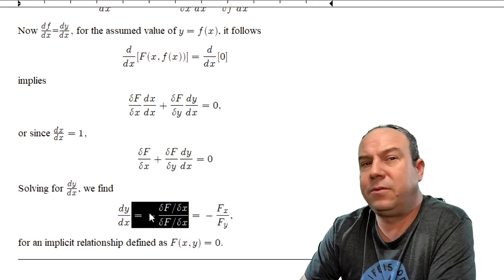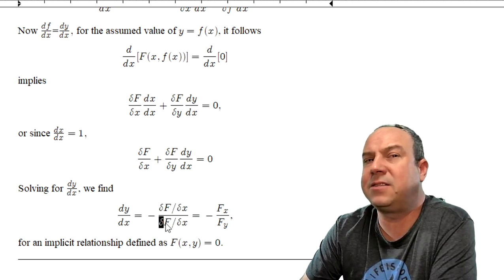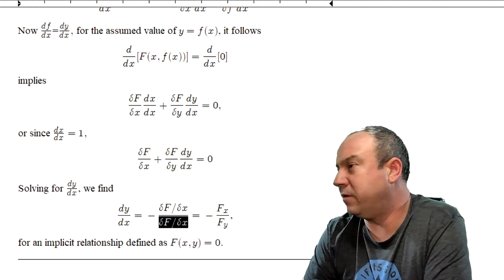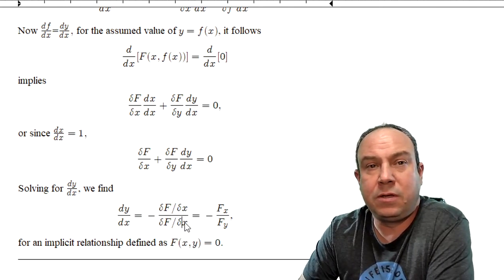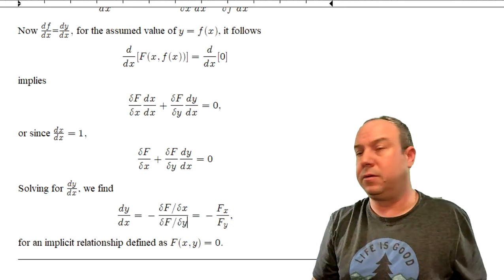All right. Solving for dy dx, we end up with the opposite of the partial of f with respect to x divided by the partial of f with respect to y.